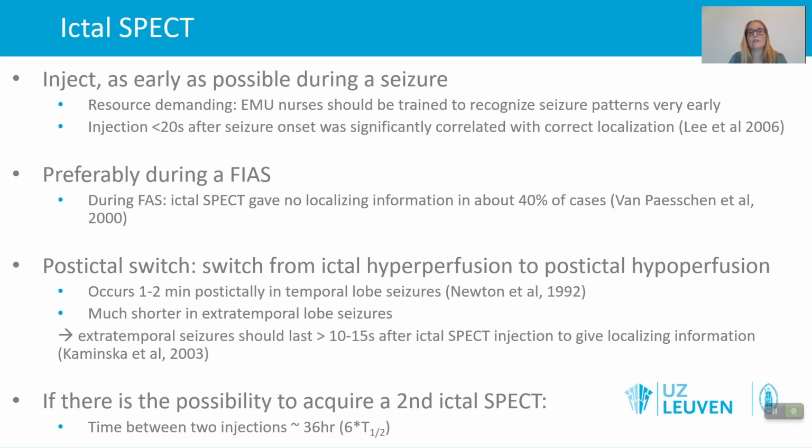In other centers, EMU nurses or technicians are actually sitting next to the patient every moment that the tracer is available, which would make it even more resource demanding than in the setting that we are working in. But this will potentially lead to earlier injections.